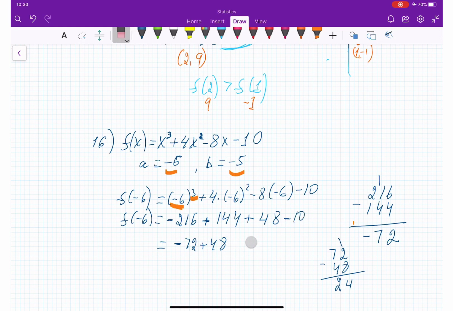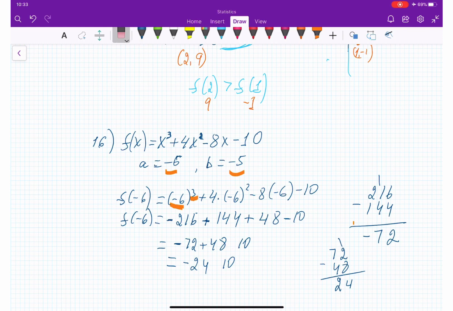So it's going to be negative 72 plus 48 minus 10, which means 72 minus 48 is negative 24, and minus 10. Sorry, it's negative, not positive.